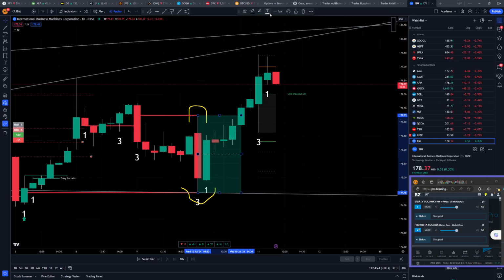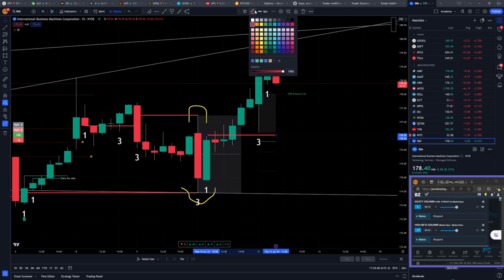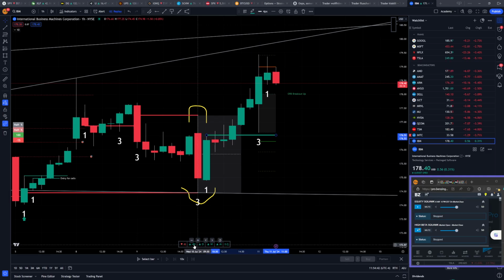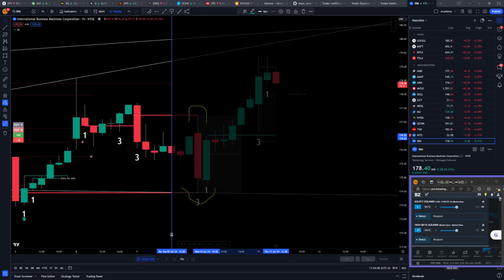But because a new broadening formation was created, and then an inside candle formed right after, aka this one, we had a 3, then a 1. That then means a new possibility for an entry for calls, especially if we're taking it back up into time frame continuity, right?